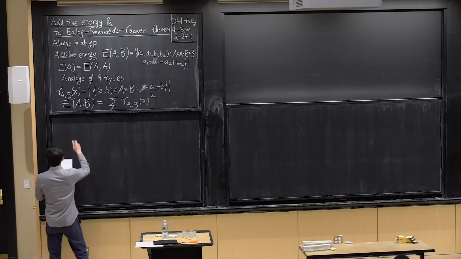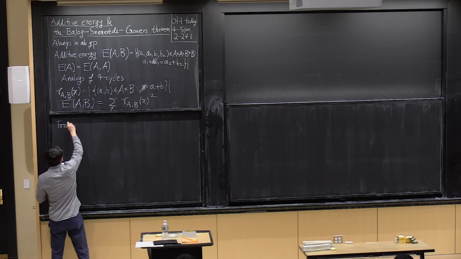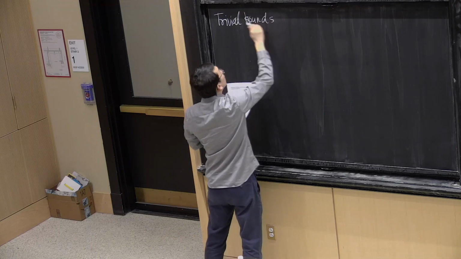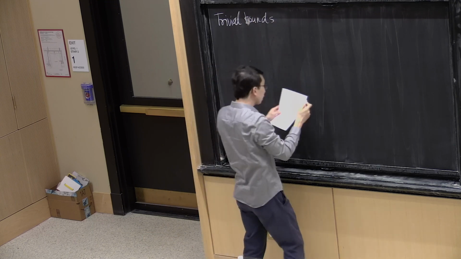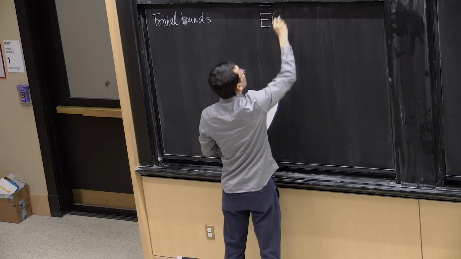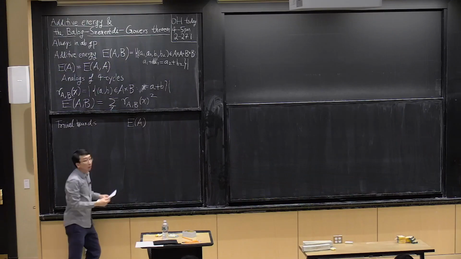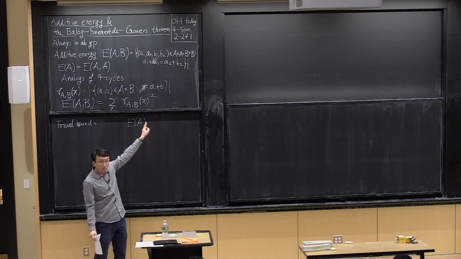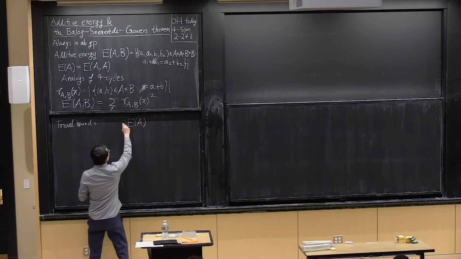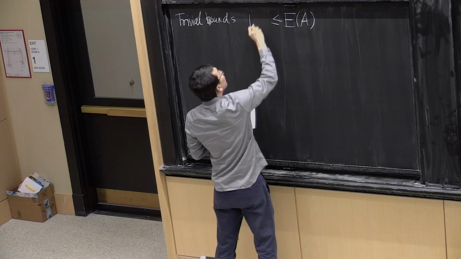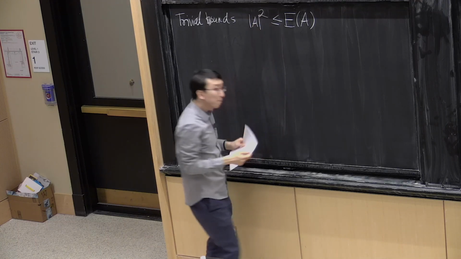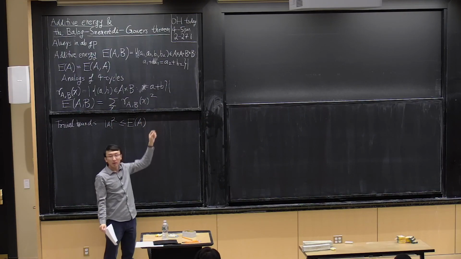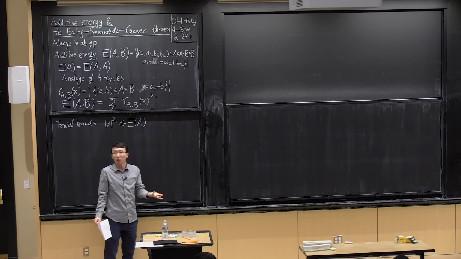There are some trivial bounds, just like in the case of sumsets. So what are some trivial bounds? On one hand, by taking a1 equal to a2 and b1 equal to b2, we see that the energy is always at least the square of the size of A. On the other hand, if I fix three of the four elements, then the fourth element is determined.